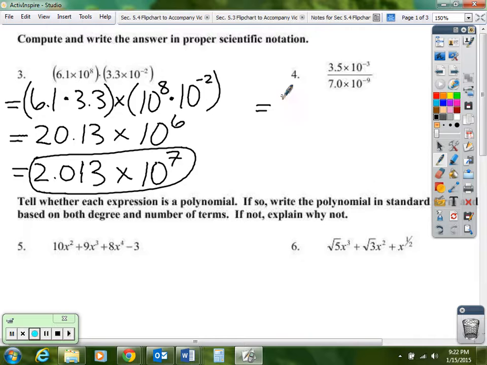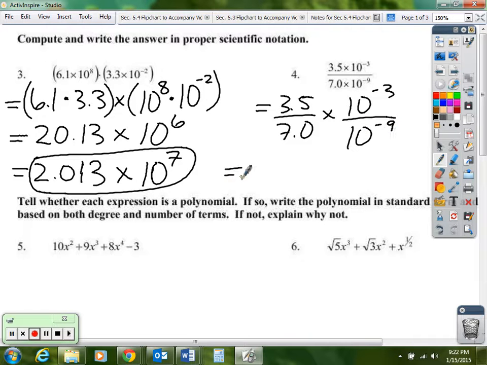We divide 3.5 by 7.0 times 10 to the negative 3 divided by 10 to the negative 9. 3.5 divided by 7.0 is 0.5. 10 to the negative 3 divided by 10 to the negative 9. We subtract the exponents. Negative 3 minus negative 9, that's a double negative.